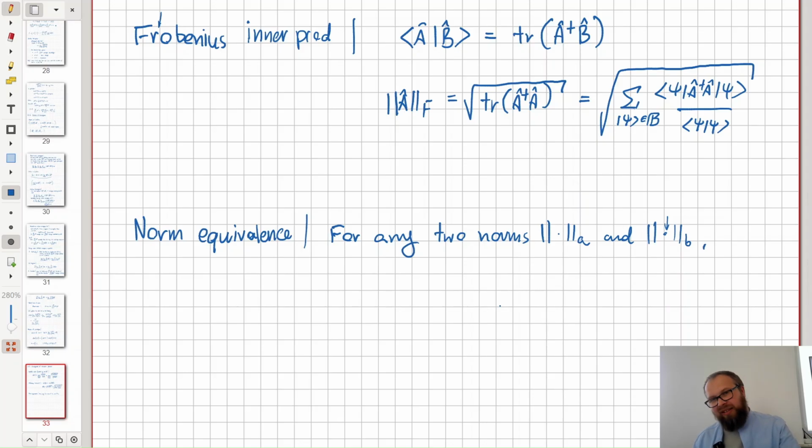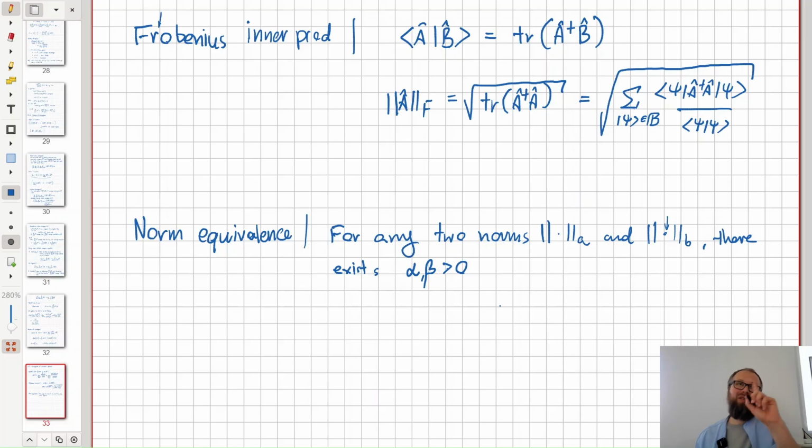There exist alpha and beta greater than 0, two constants.